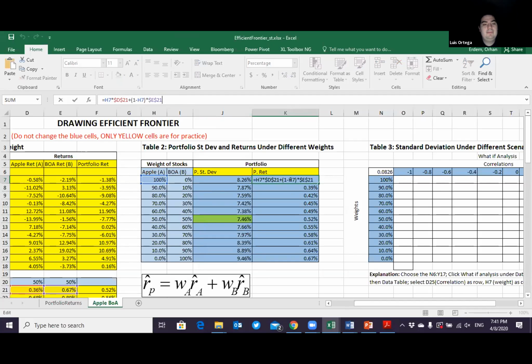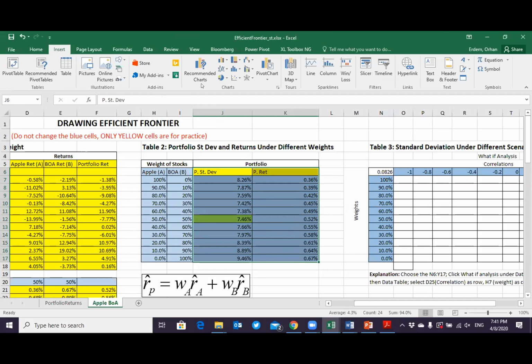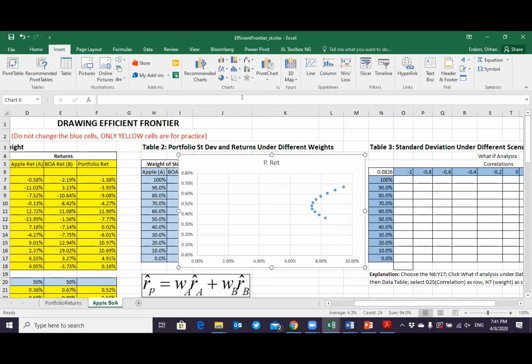I got it. Yeah, I got the same numbers now. Okay, now select these two columns. And then click the scatter and the first one.